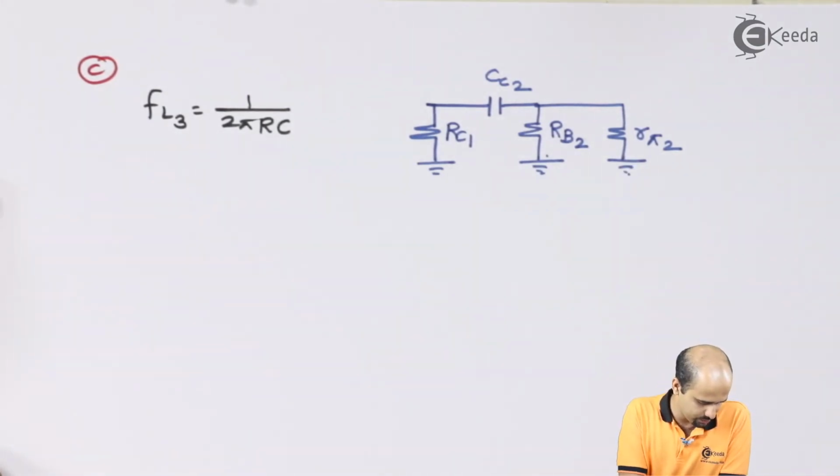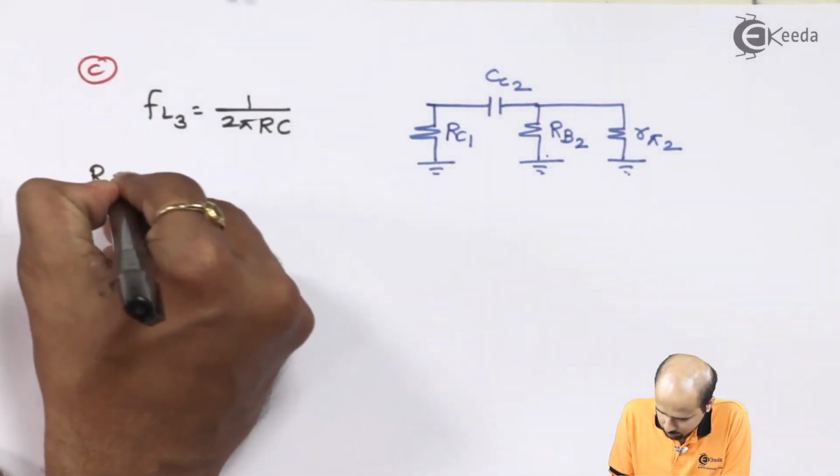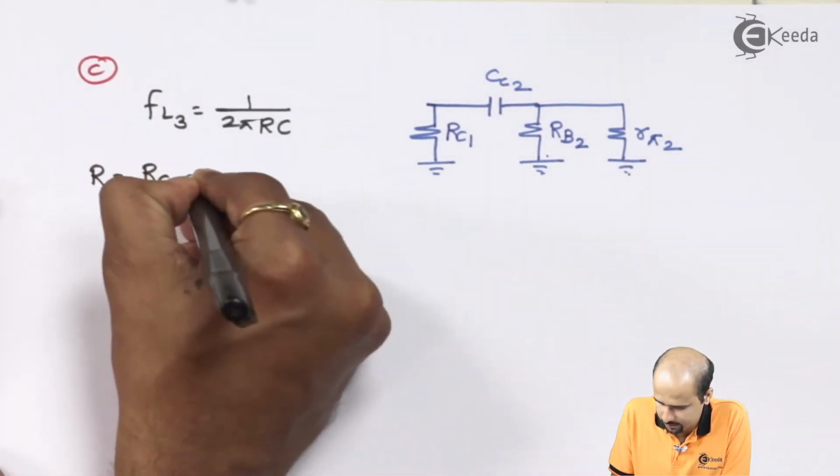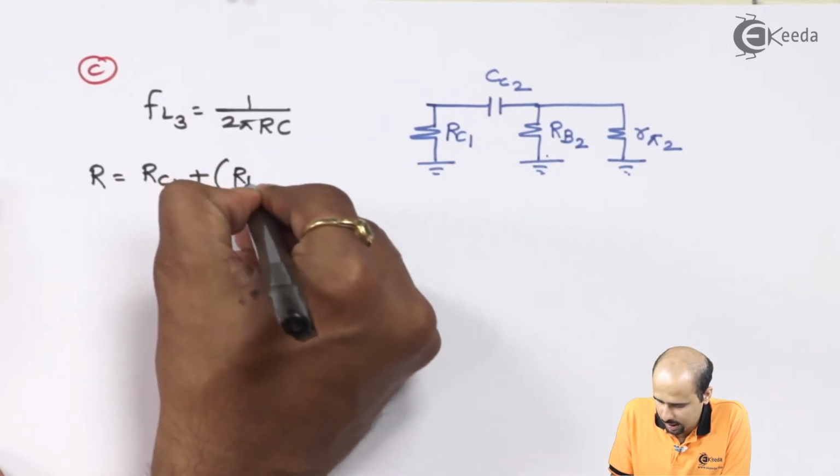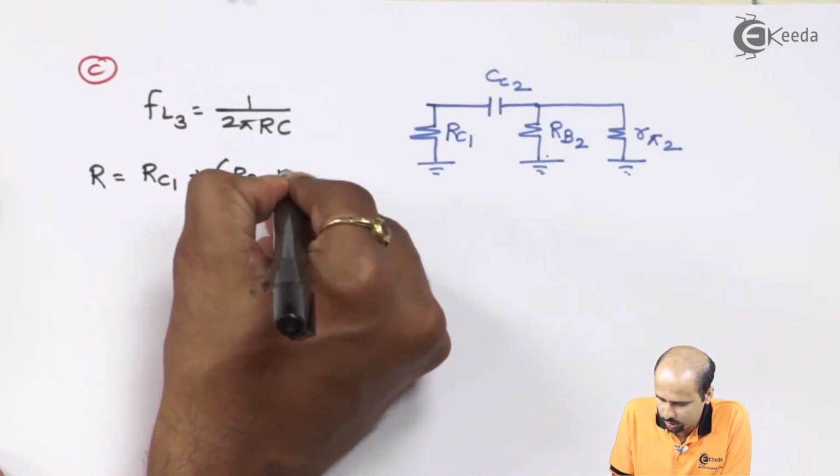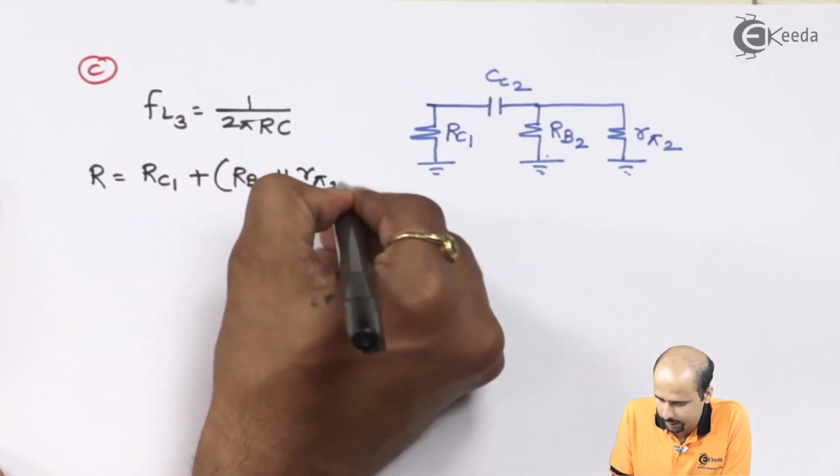So this value of R is equal to RC1 plus RB2 in parallel with R pi 2.